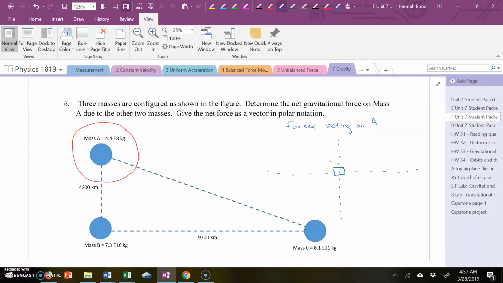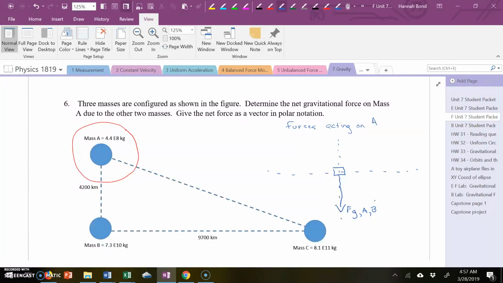So mass B is exerting a force of gravity on mass A, and it is trying to pull mass A toward the center of mass B. So there is a force of gravity being exerted on mass A by mass B, and it is pointing directly down, because B is trying to pull A closer to its center.